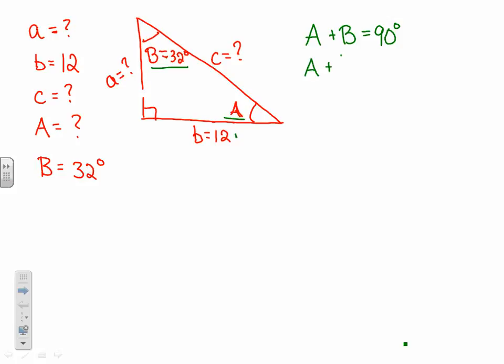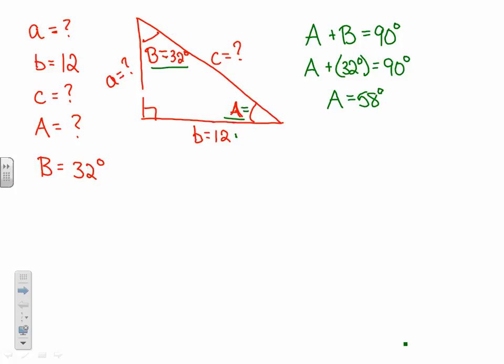And if I know that angle B is 32 degrees, then if I subtract 32 from 90, which is 58 degrees, that should be angle A.